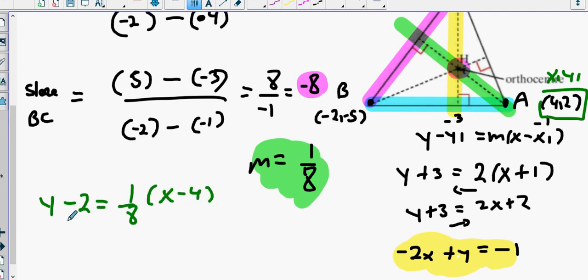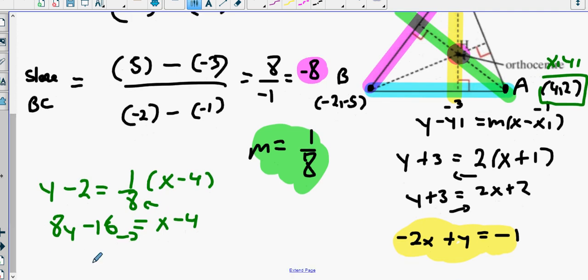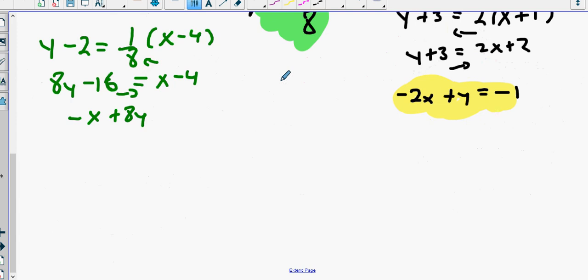Multiply across, we get 8y minus 16 equals x minus 4. Move it over the other side, and we get minus x plus 8y equals minus 4 plus 16, which is? 12. So there we have the two equations ready to go.